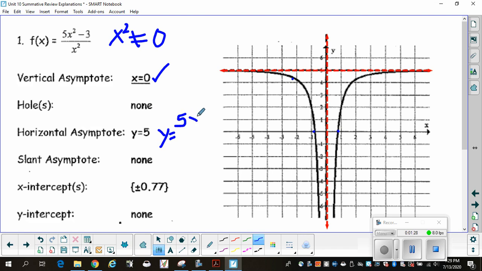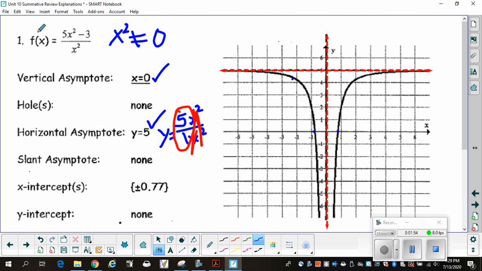So 5x squared over 1x squared. In this case, my x squareds go away, and it leaves me with just 5, or y equals 5. That's my horizontal asymptote. If you have a horizontal asymptote, you can't have a slant.